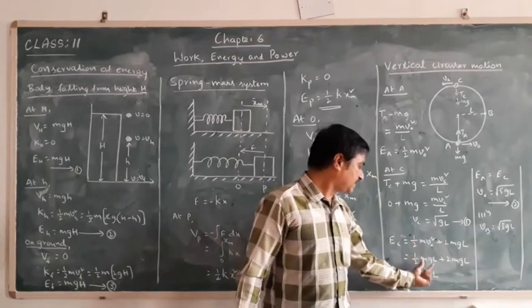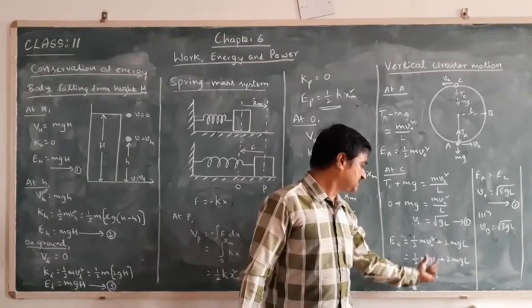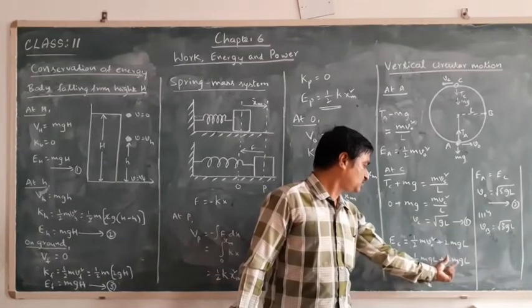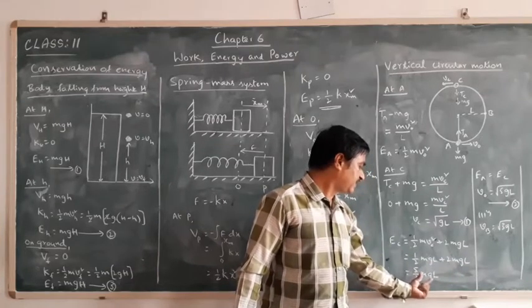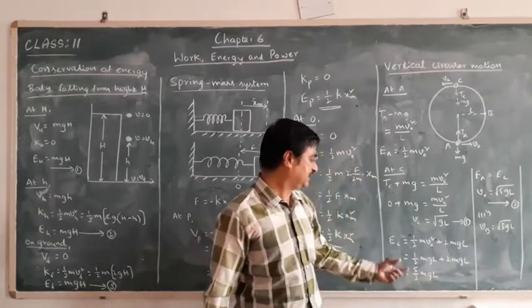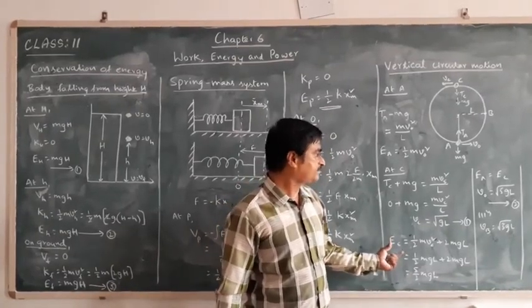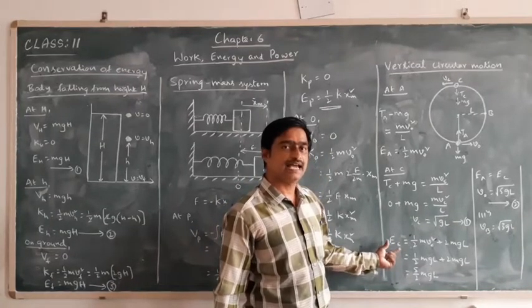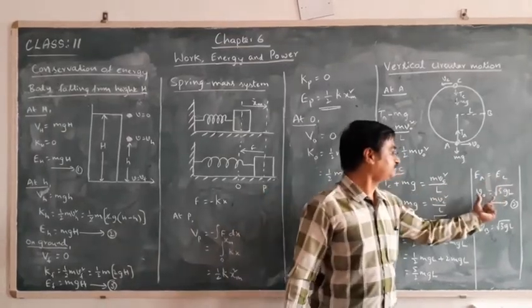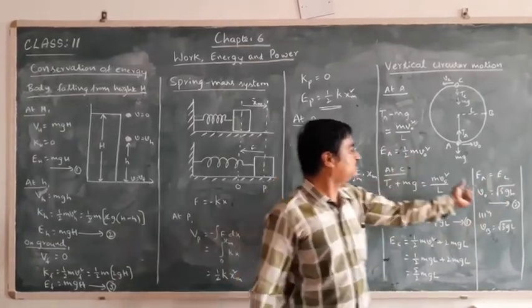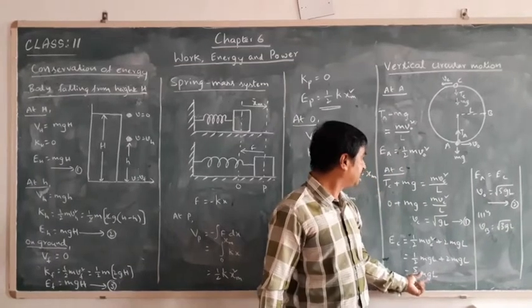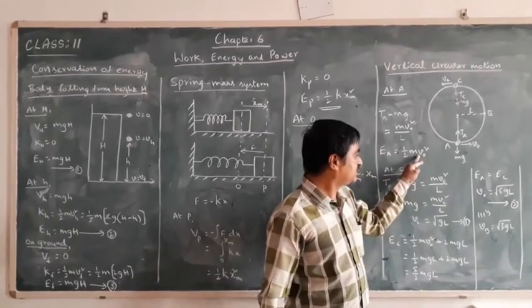Then half m, substituting this vc value, we get half mgL plus 2mgL, that is 5 by 2 mgL. Then this is the energy. Then equating this energy at point C to the energy at point A, we get v0 is equal to root of 5gL.